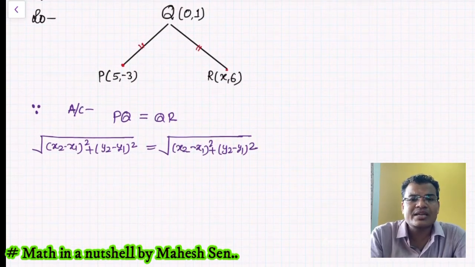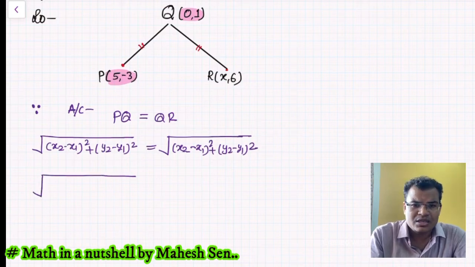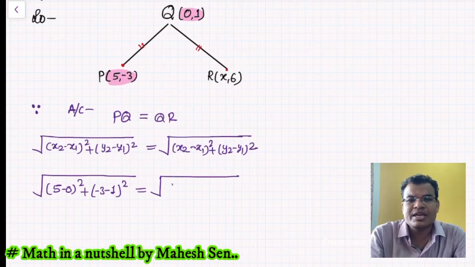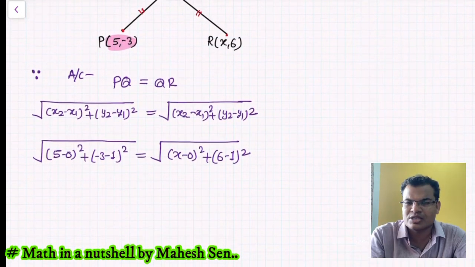So for P and Q, (5, -3) and (0, 1): under root, 5 minus 0 whole square plus minus 3 minus 1 whole square. Similarly, on the right side, x minus 0 whole square plus 6 minus 1 whole square, this is y2 minus y1.